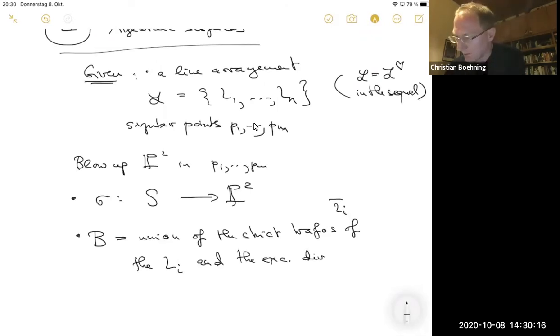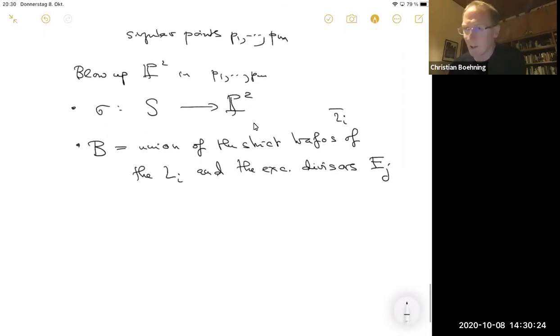This is now some simple normal crossing divisor there on my S. Yes, and now we look for, so we want to construct an abelian cover of S.